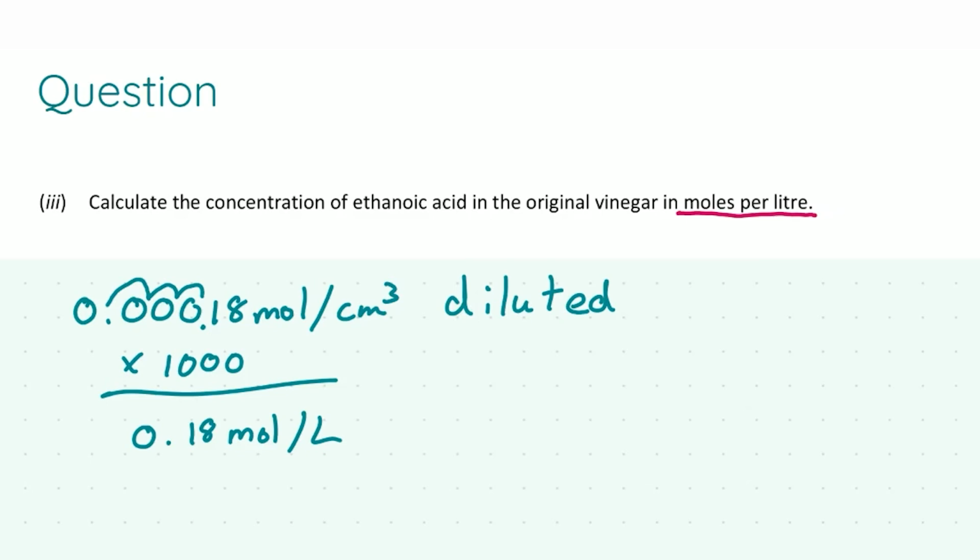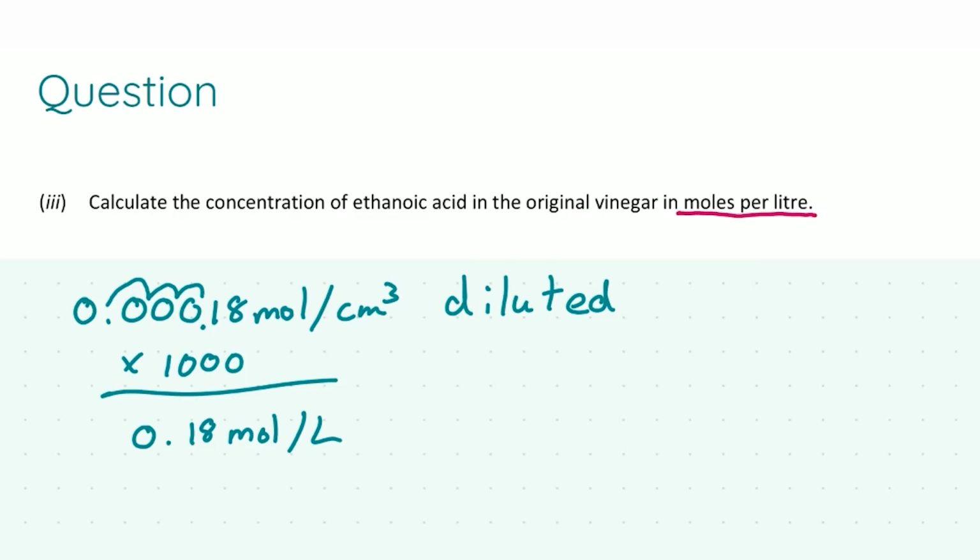If there's 0.18 moles of ethanoic acid per litre in the diluted, we know that the original is a lot more concentrated. So of course there's going to be more moles per litre in the original. So it has to get bigger. We know from the question that there was 10 centimetres cubed per 50 centimetres cubed. So that again gave us our dilution factor of 5.